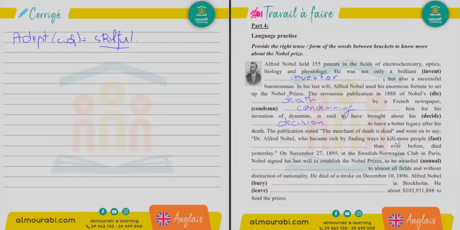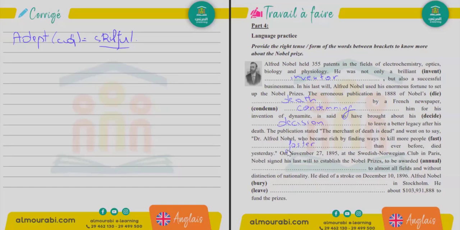The publication stated that the merchant of death is dead and went on to say Dr. Alfred Nobel, who became rich by finding ways to kill more people faster than ever before. Not more faster.